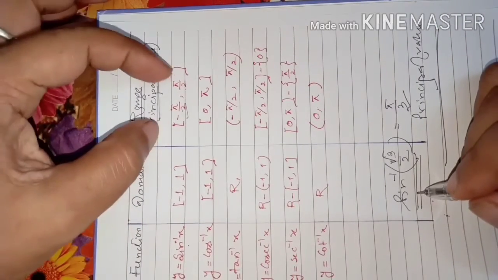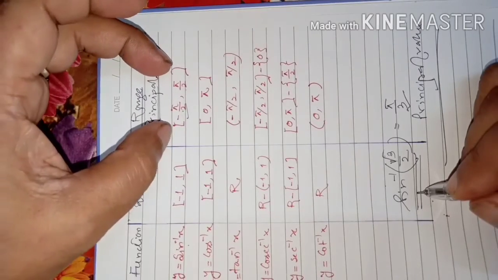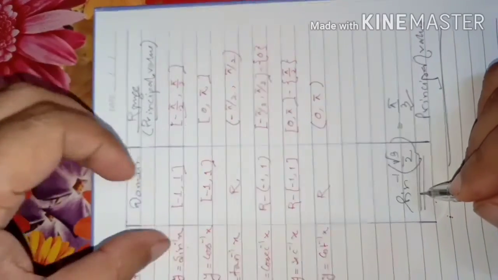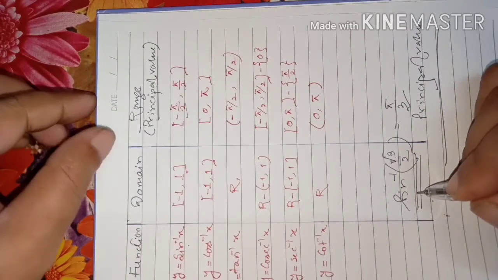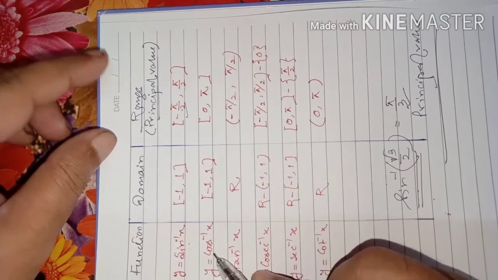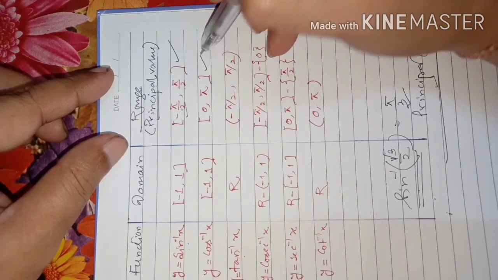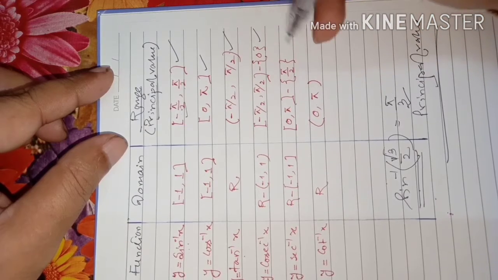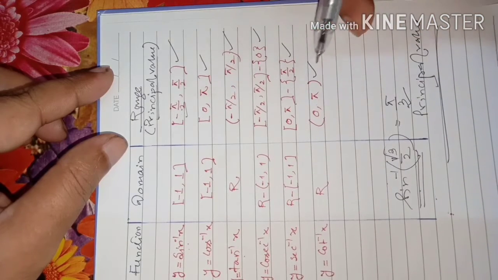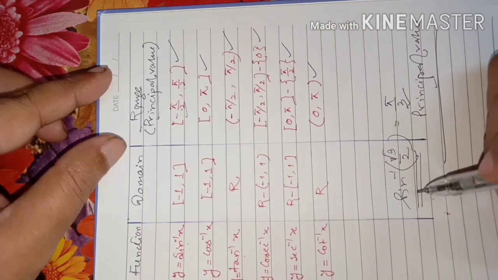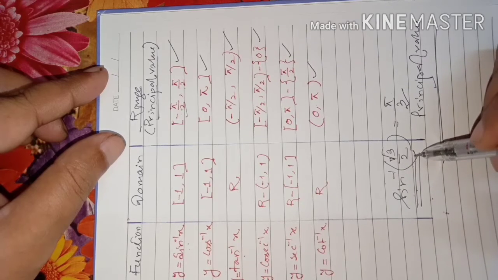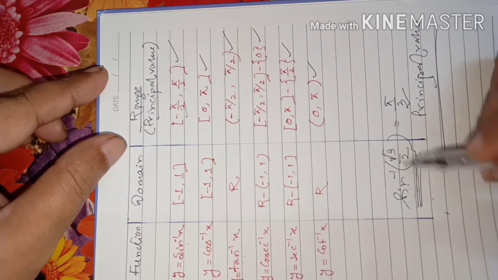So generally we look for the principal value of an inverse function. That's why we need to remember the principal branch of each inverse trigonometric function: sine inverse, cos inverse, tan inverse. You have to look for the principal value in the principal branch. As I told you, suppose I want sine inverse √3/2. What is the value of sine inverse √3/2?